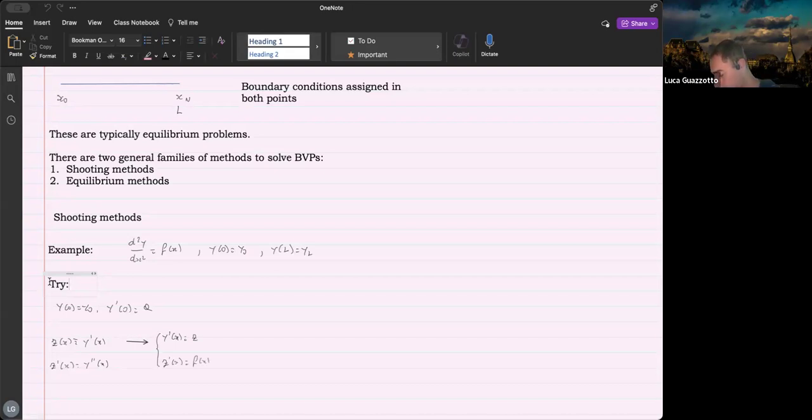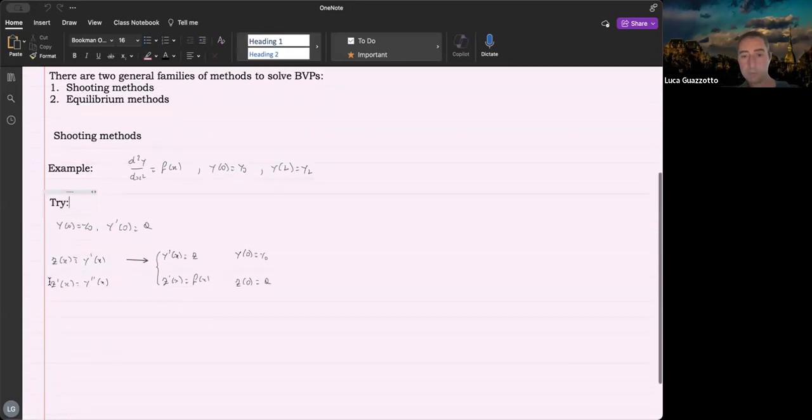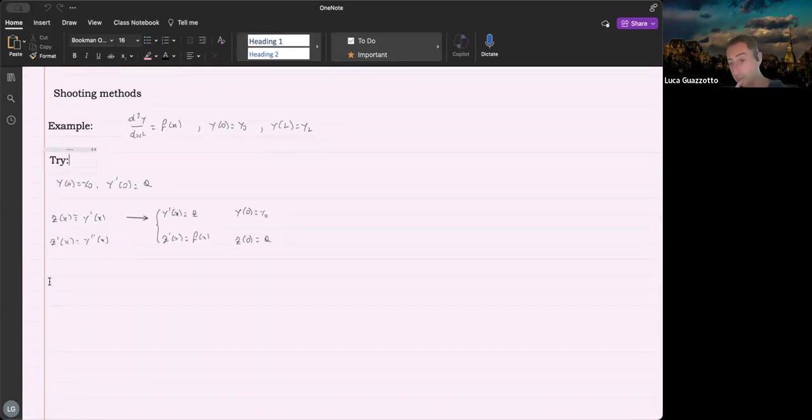where y of 0 is given, z of 0 is given in the sense that I'm guessing it, right? I do not remember actually if I did say this explicitly, but this was some type of equation.